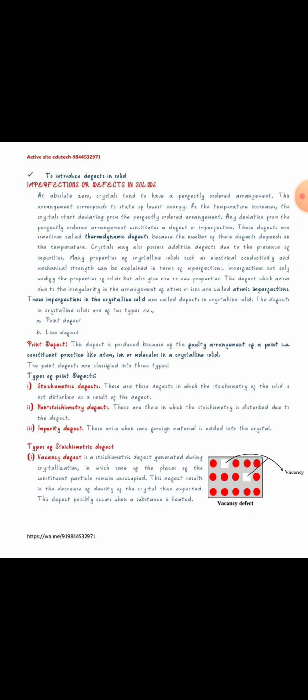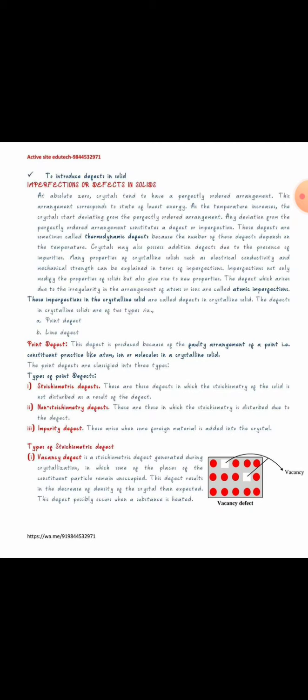Simply, you can define point defect as that type of defect in which the disturbance in the arrangement is around a particular atom or constituent particle in general or around a particular lattice point.